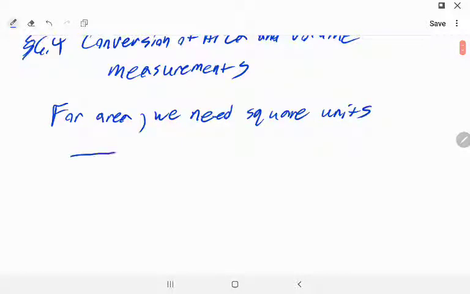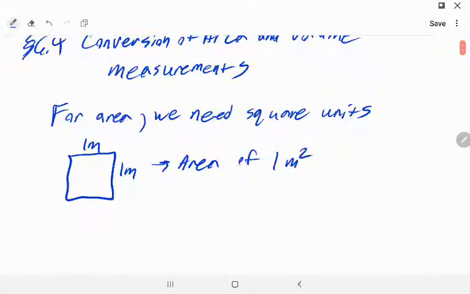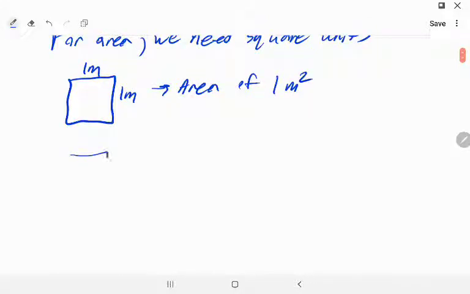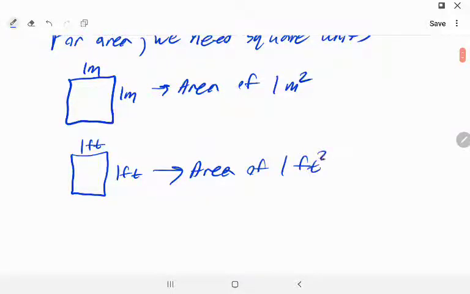If we wanted 1 meter by 1 meter, that has an area of 1 square meter. And if we wanted an area that was 1 foot by 1 foot, that's going to have an area of 1 square foot. We can also have square inches, square miles, square yards, square centimeters. It's always just a question of 1 unit by 1 unit.